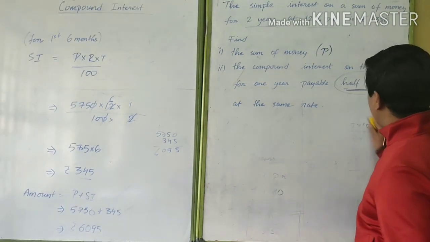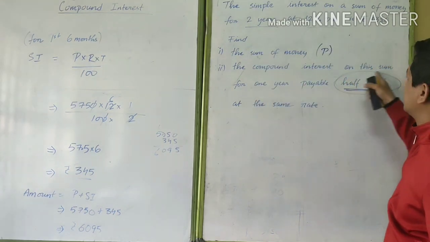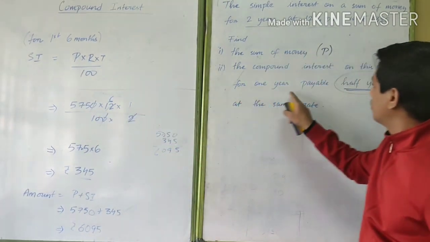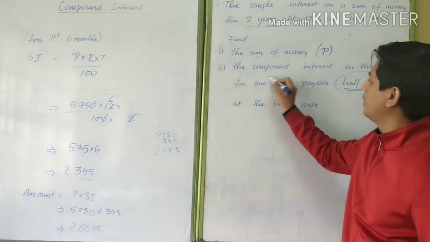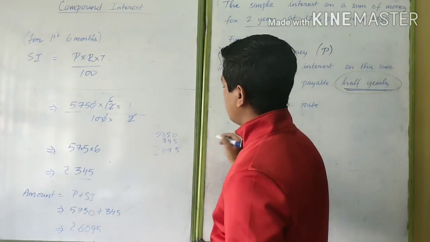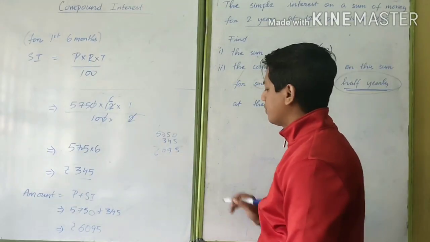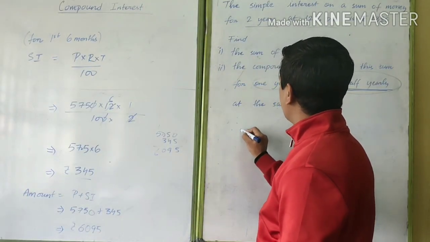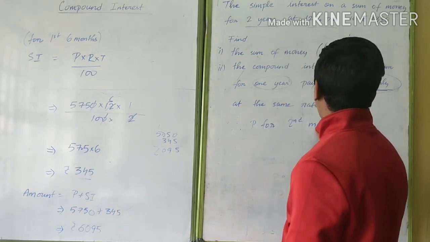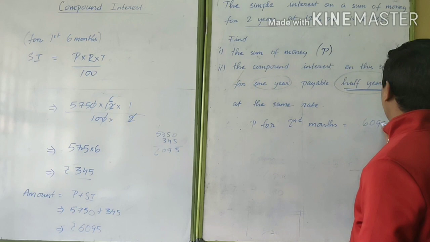You have to understand that the question asks for compound interest on 5750 for 1 year, so we won't be finding for 2 years, we will be finding for 1 year. So this 6095 rupees becomes my principal for the second half. Therefore the principal for the second 6 months is rupees 6095.